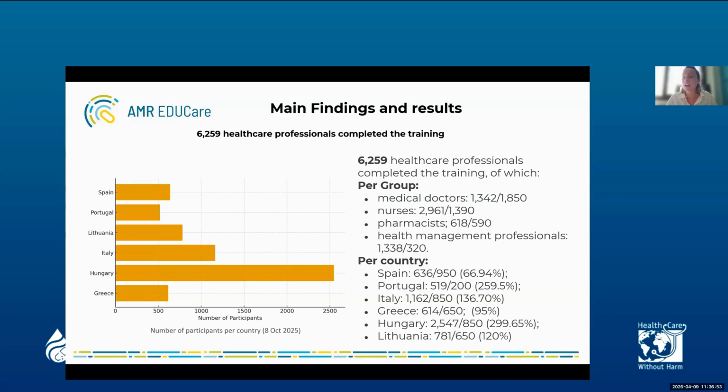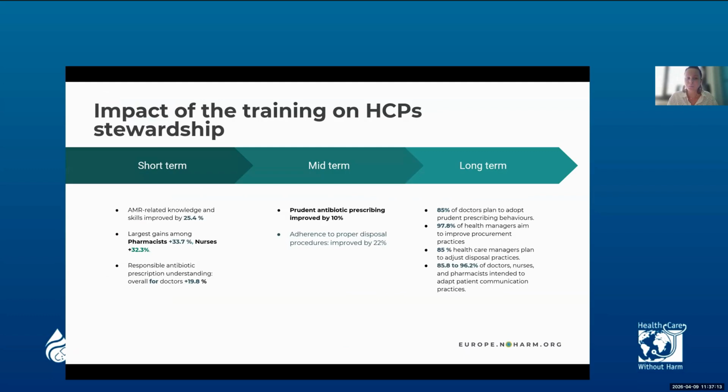When we usually think about AMR, we think of the stewardship that is usually targeting doctors, while healthcare managers or nurses are not specifically targeted in the content that is delivered, which explains why, when this course was launched, a specific interest arose.